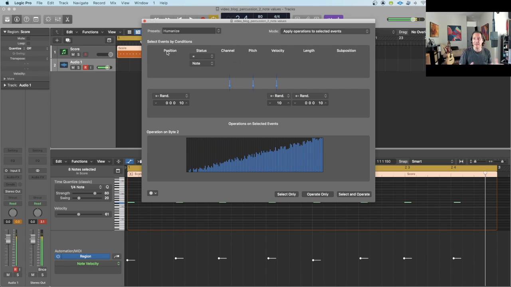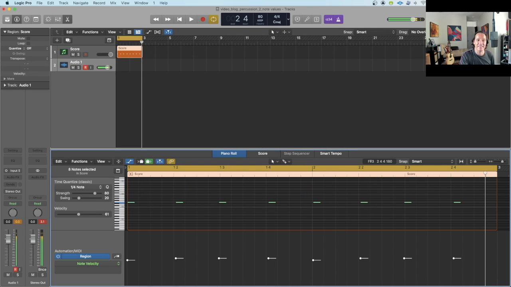So let's say you played something pretty good, but you quantized it down, got it a little bit closer to the grid, but it still needs a little more life and a little more humanity. That's when you go into this interface and you start tweaking that and applying that to your performance. And that adds more of that randomization. But again, that will be for the next video, because I can't make these videos too darn long.